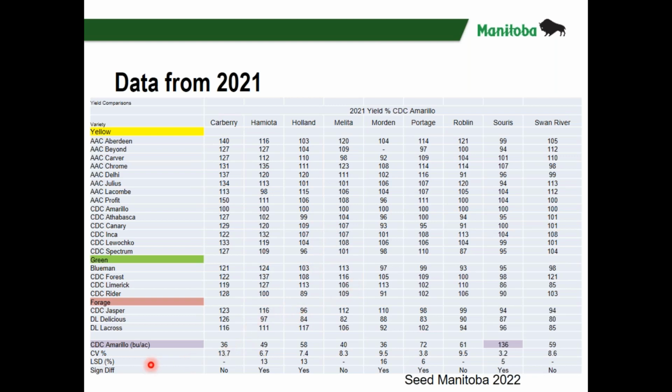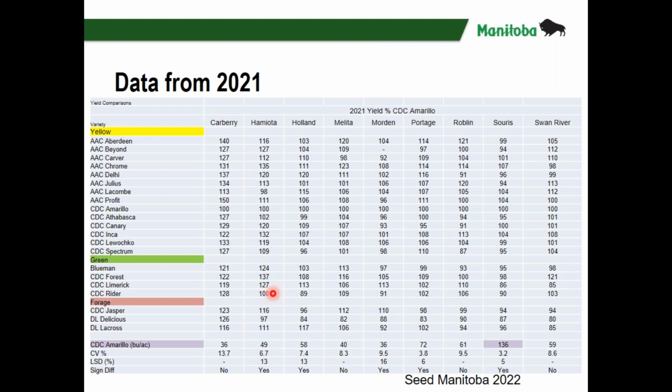The other thing to keep in mind when you're looking at LSD, that's the least significant difference. What this number means is, if you're comparing two different varieties, in order for them to be considered statistically different, they have to differ by at least 13%. So for example, we can use the Czech variety here, Amarillo, but you can use any two varieties in this example. Let's just say we'll use Ryder here as a green pea.